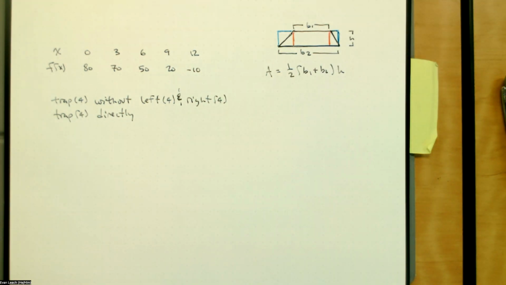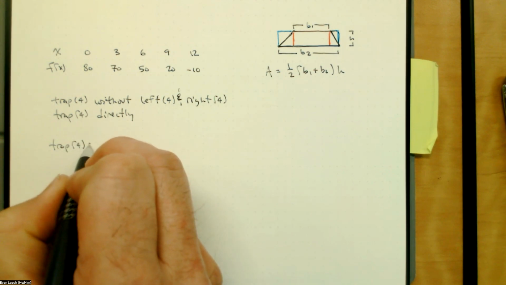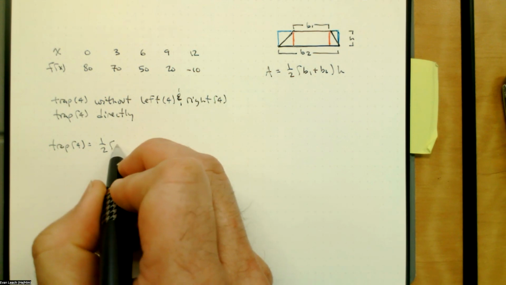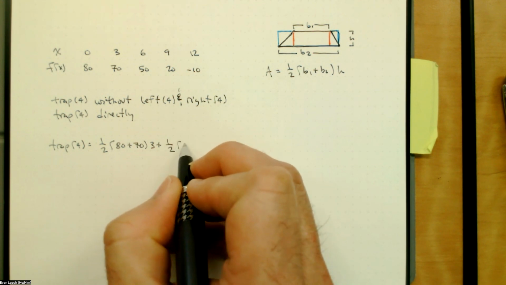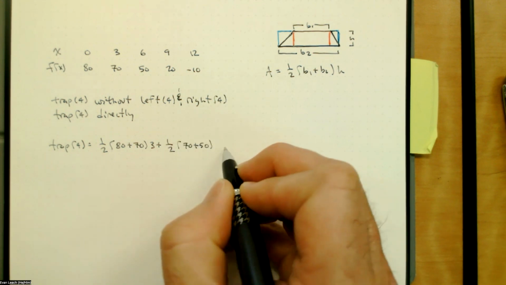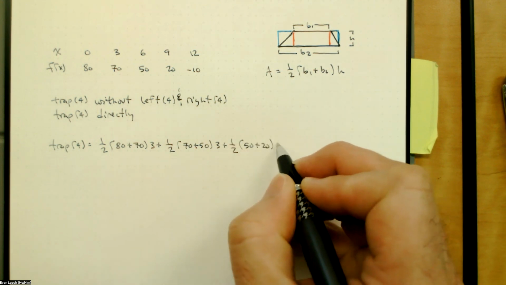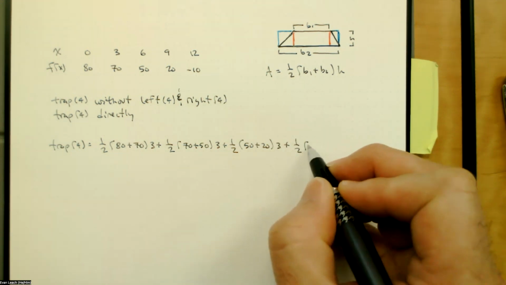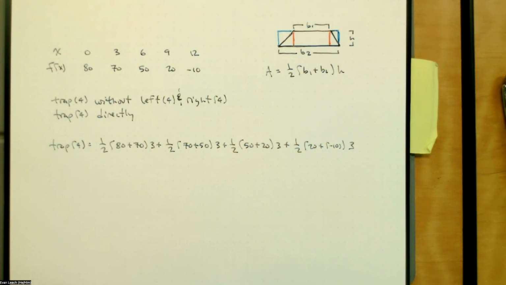So I'm going to calculate the areas of 4 trapezoids, add them up and divide by 2.